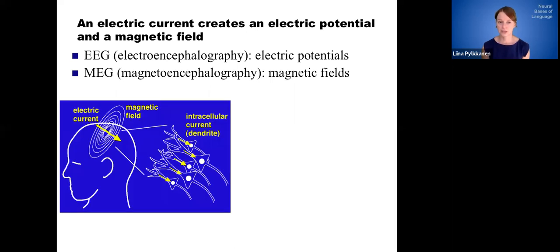So here's a picture. So we have an electric current. So that's a cartoon representation of your neuronal current. It will create a potential out here and here. So you'll have a negative potential here and a positive potential here. And then around the current, we have a magnetic field rotating.